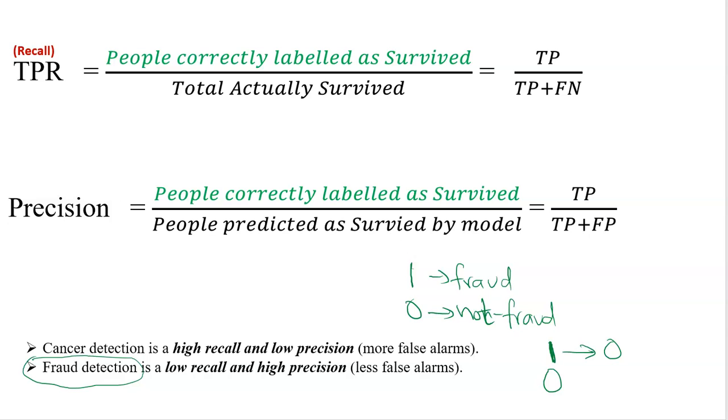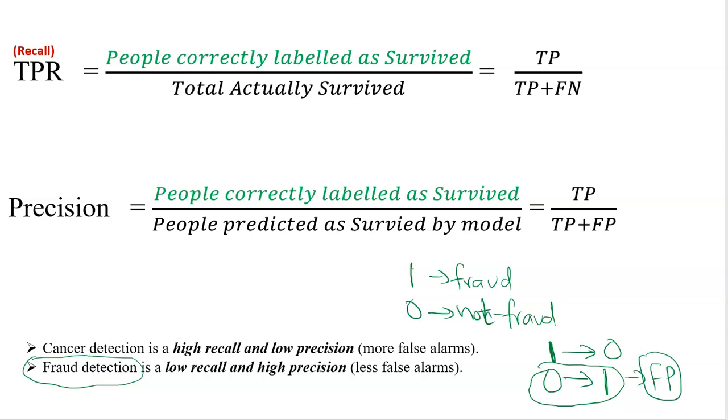But if a transaction is not fraudulent, and your model labels it as being fraud, then that can be an issue. If your model is doing that a lot, then the problem is that you might lose customers. So what is this? This is a false positive.